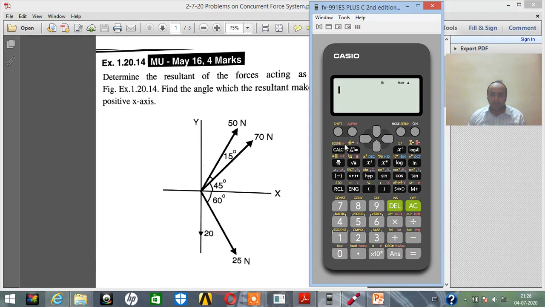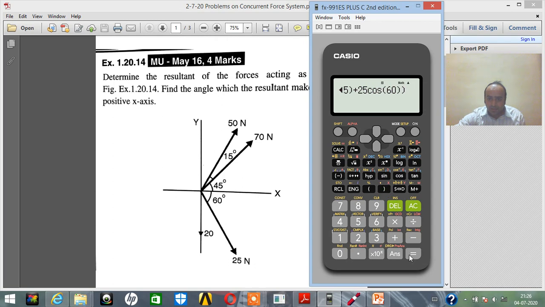Now 50 cos of 60, plus, I'll be covering it, plus 70 cos of 45, close the bracket, plus 25 cos of 60.